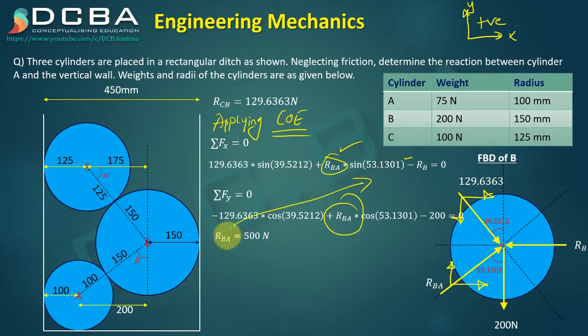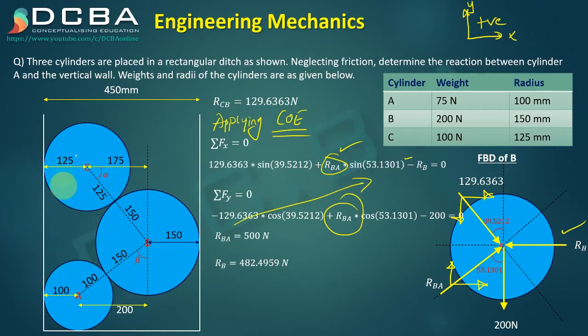So I just have to put RBA into this equation and I'll get RB. RB I get is 482.4959 newtons. Okay, so I got RB.